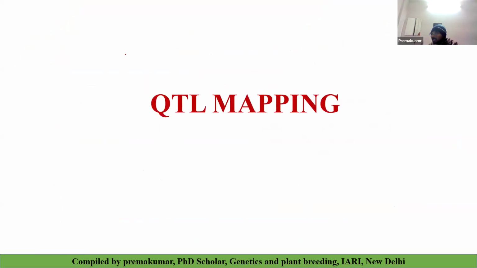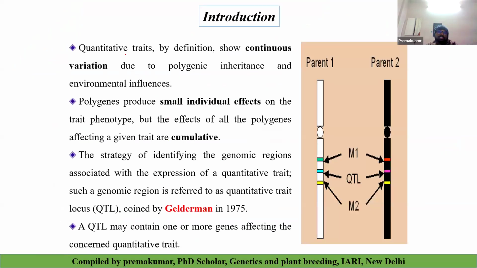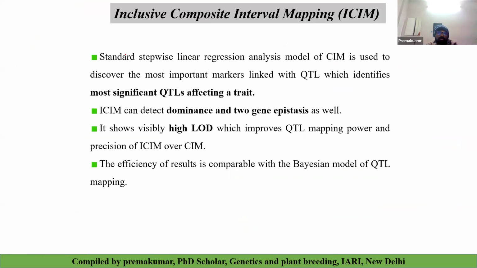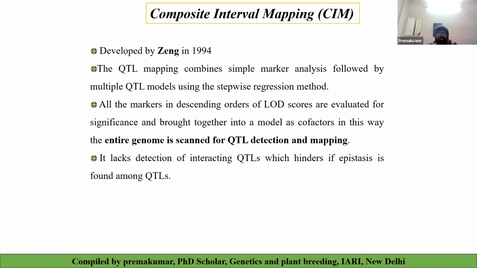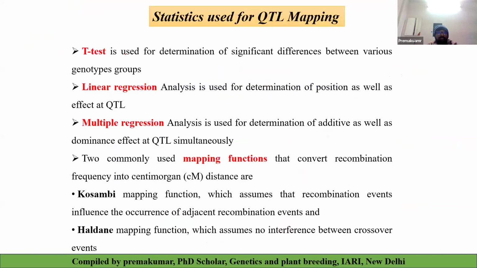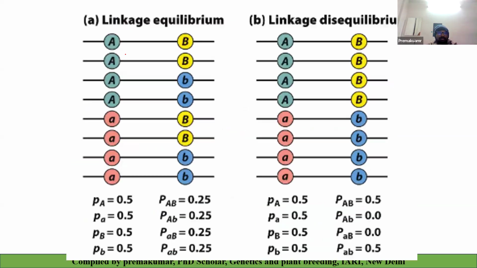Okay, then tomorrow I will discuss what QTL mapping is. I have so many slides: how to develop QTL mapping, how to use the threshold values. After that I will cover association mapping. I have everything, no need to worry.